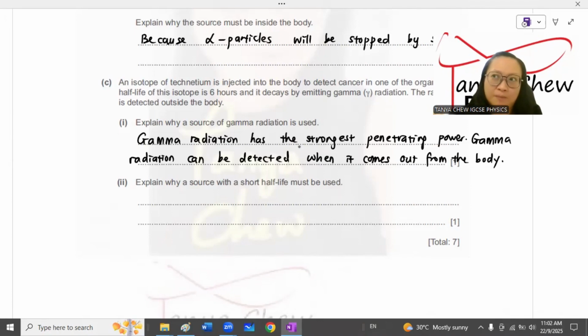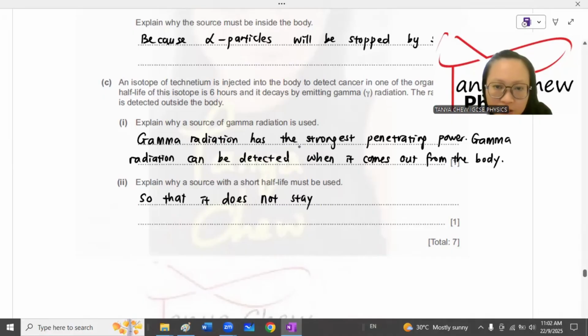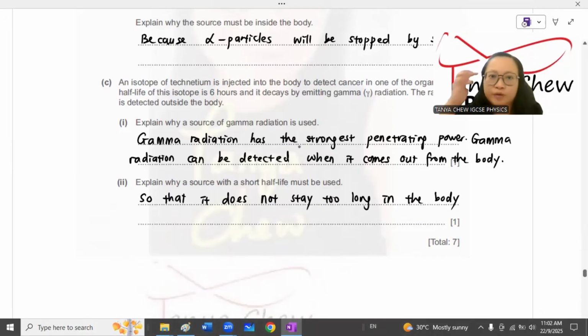It will bring more harm. After all, it is radiation, radioactive substances, right? So that it does not stay too long in the body. Just nice to give the result of the diagnosis.